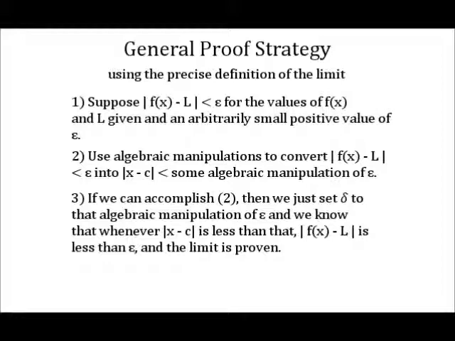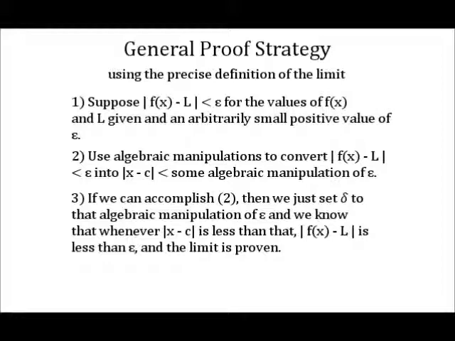And number two, use algebraic manipulations to convert the inequality, the absolute value of f of x minus L is less than epsilon, into the absolute value of x minus c is less than some algebraic manipulation of epsilon.